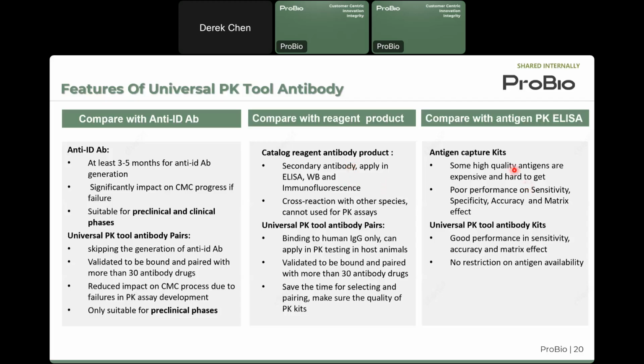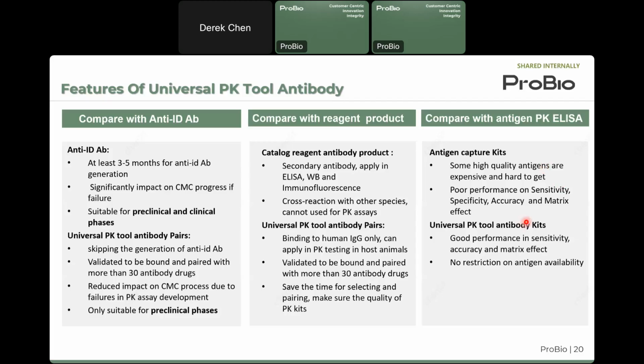Compared to antigen capture PK ELISA, which is currently the most well accepted, the most popular approach for PK study in discovery stage, universal PK2 antibody not only outperforms in terms of the assay metrics compared to the antigen capture approach, but also eliminates the restriction on the availability of recombinant antigens.